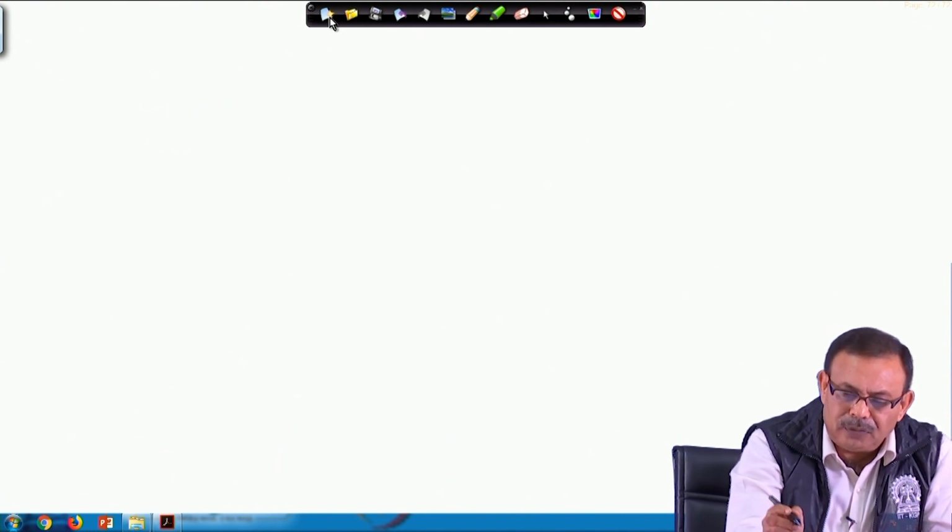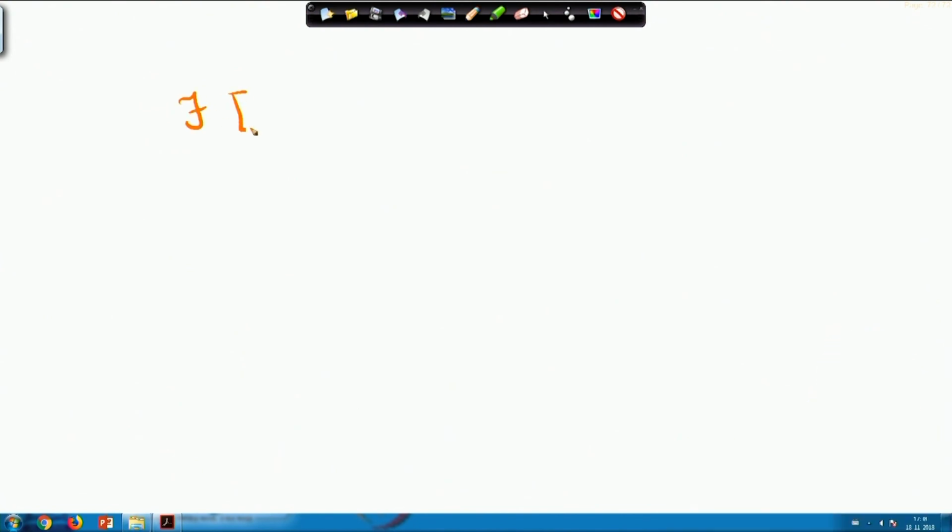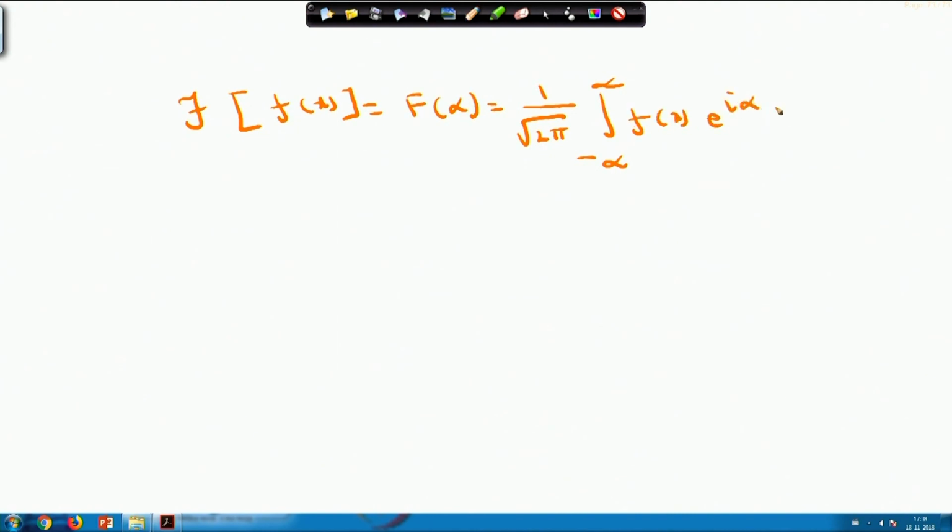Fourier transform of f x equals f of alpha, which equals 1 by root 2 pi, minus infinity to infinity, f x into e power i alpha x dx. You can break e power i alpha x in terms of cos and sine.